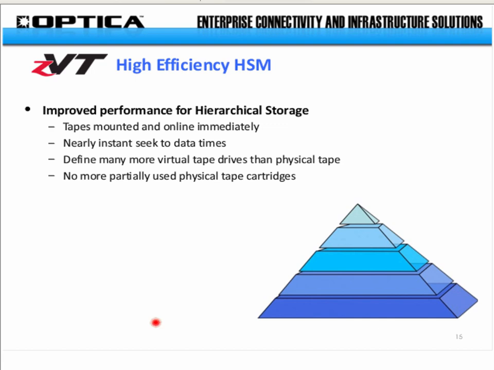With a virtual cartridge, that's a second. You just request that the virtual cartridge gets mounted, and the data is now ready for you to retrieve. So you've got the added benefit with HSM where the hierarchy is a little bit closer than it used to be.